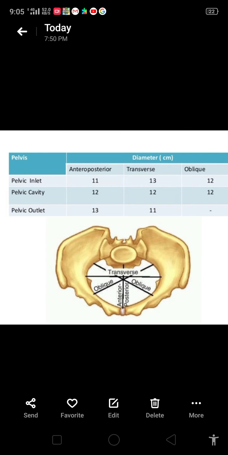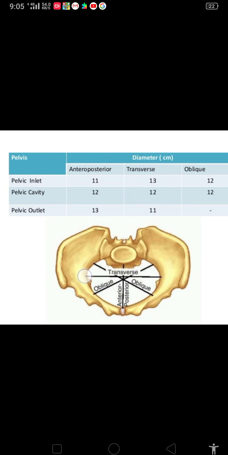The distance between the two furthest points of the iliopectineal line is called the transverse diameter. It is the largest diameter of the pelvic inlet, and it is 13 centimeters.